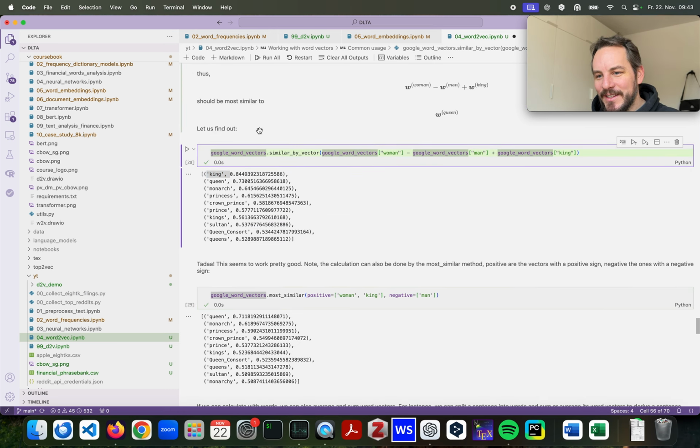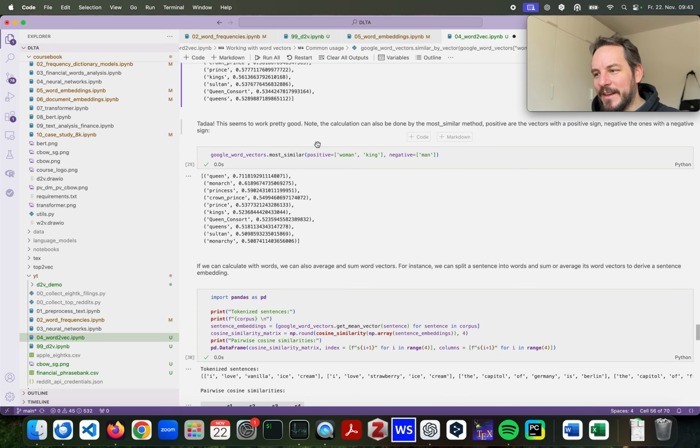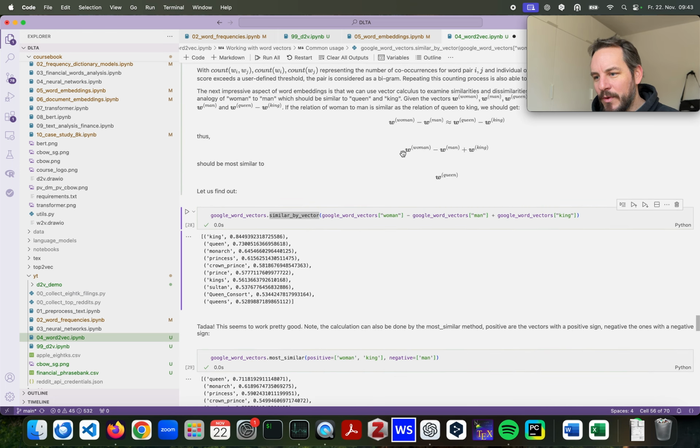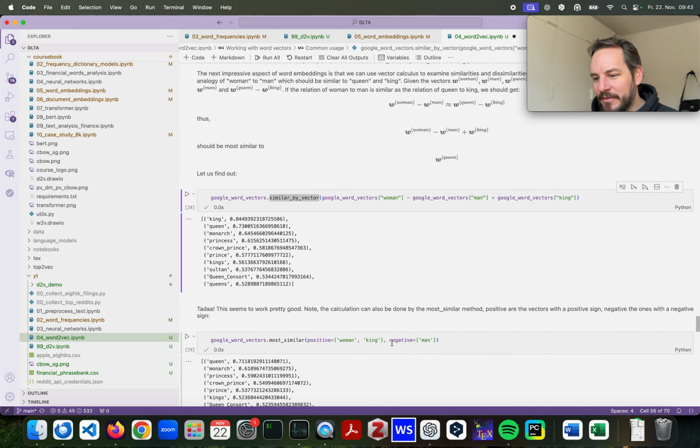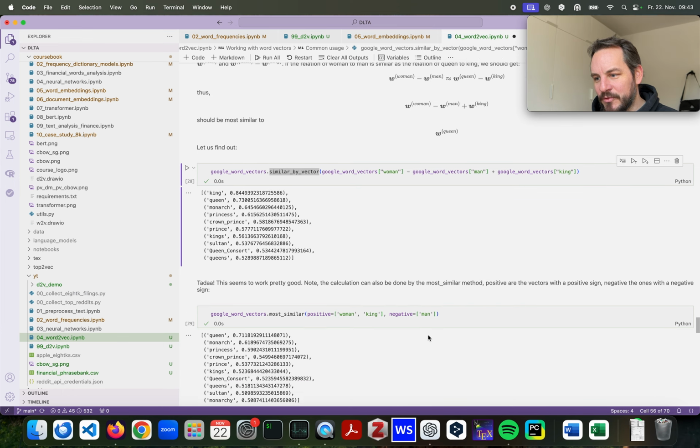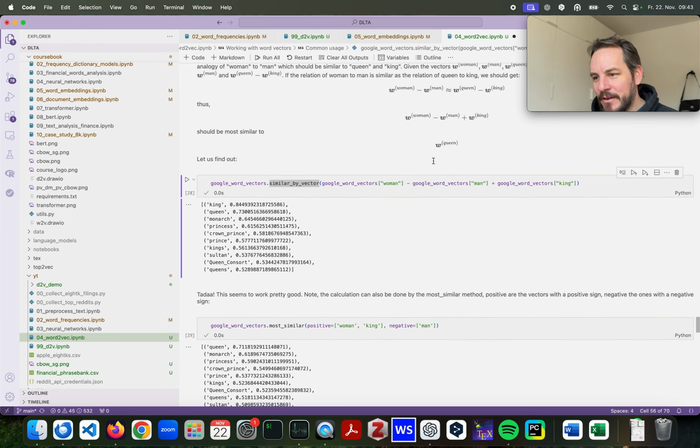So let's ignore that. Sorry, that's some artifact here, but you can calculate this with the most-similar function as well. Positive means the vectors that you would add up, so here, woman plus king. Negative is then the vector that you would subtract, so that is man here.